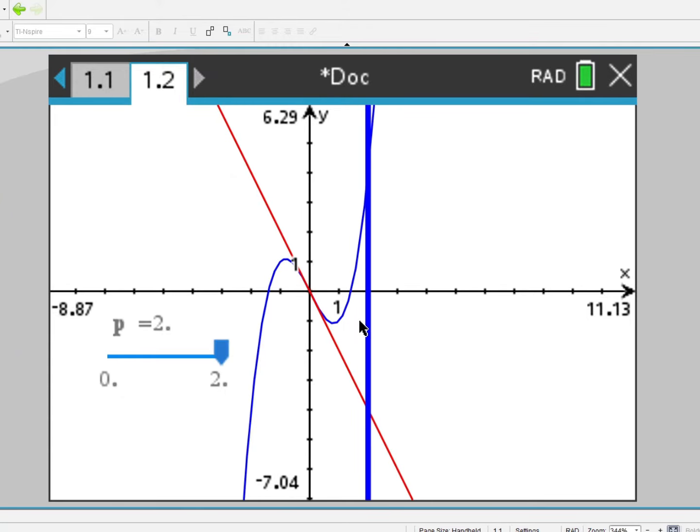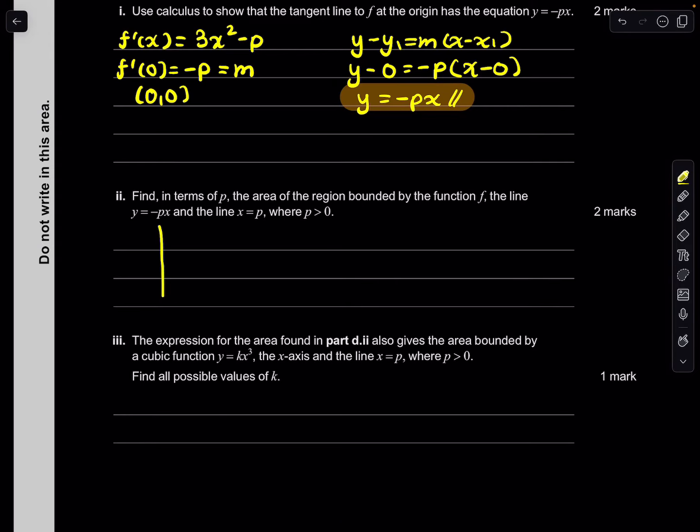Beautiful. So we kind of know and can visualize it in a very visual way. Let's graph it on our page and see what we can get from that. So we have the equation f of x that looks basically like this.